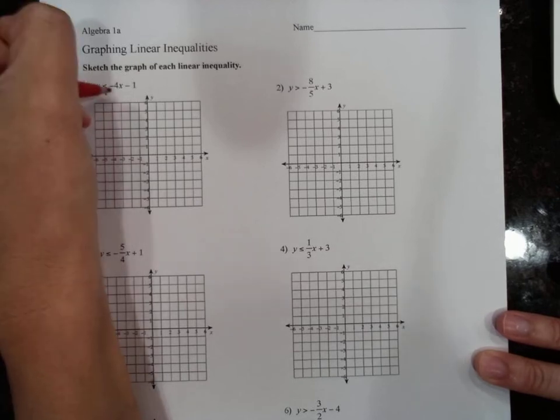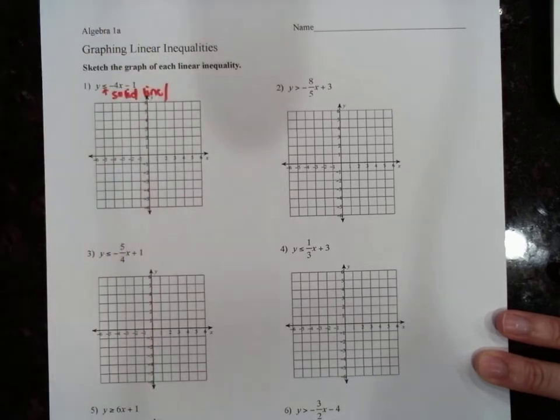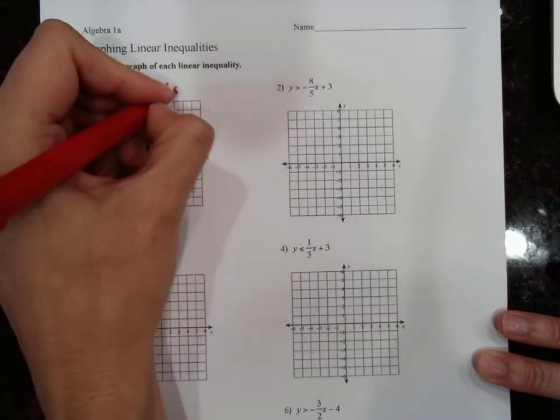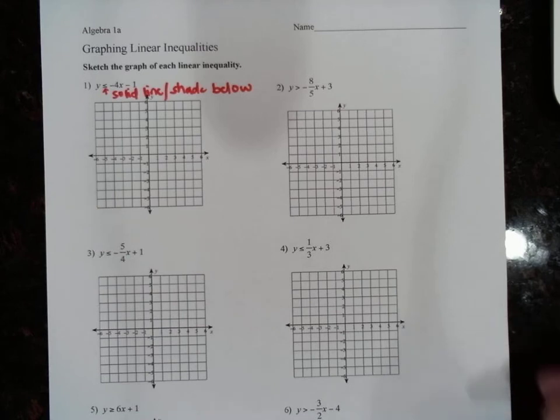Since it's equal to, it is a solid line. And y is less than, right? The point is pointing at the y, so you're going to shade below the line. Okay, so that's the new part.